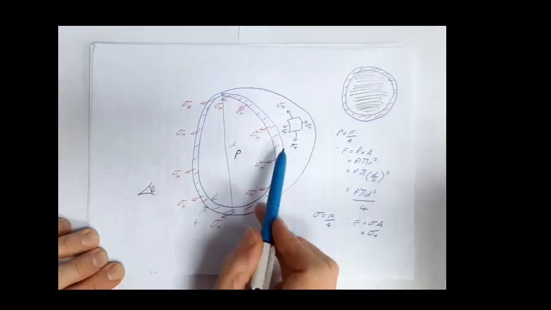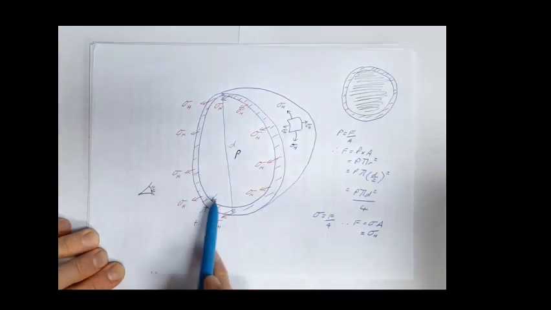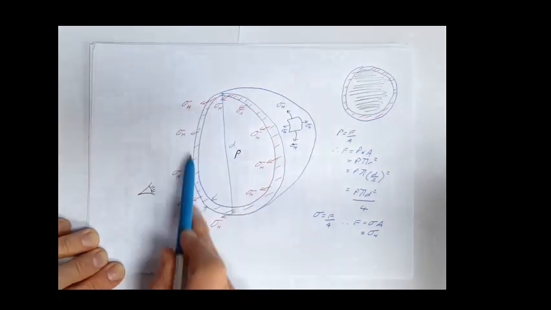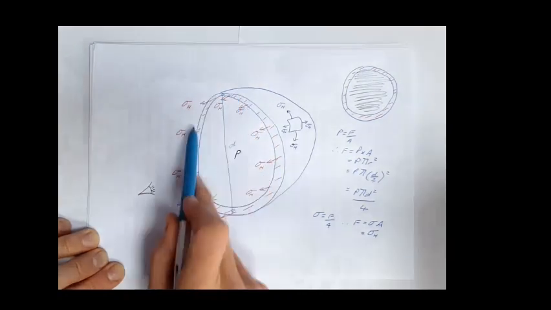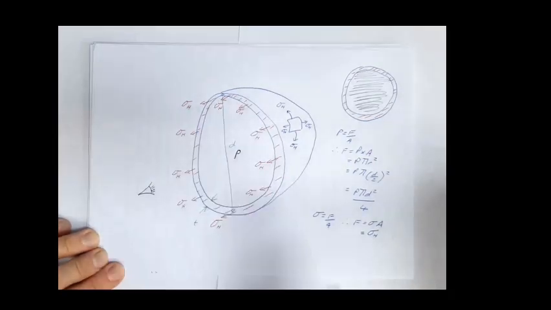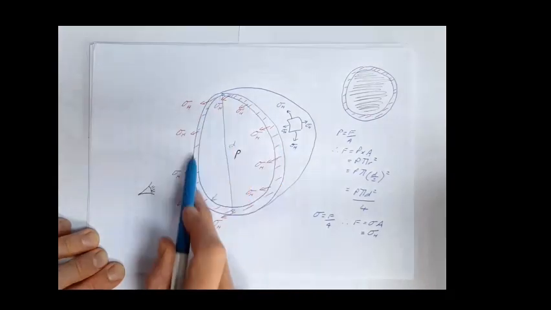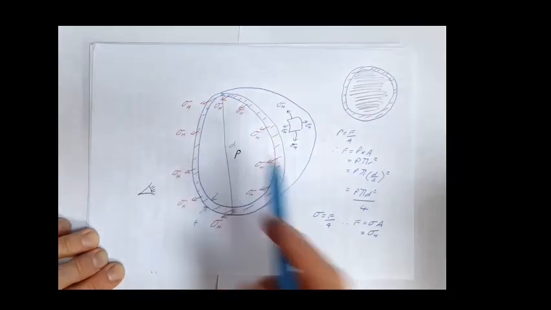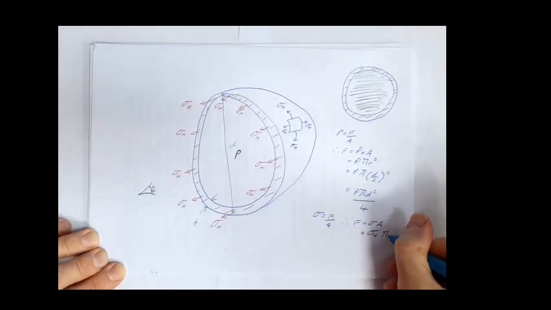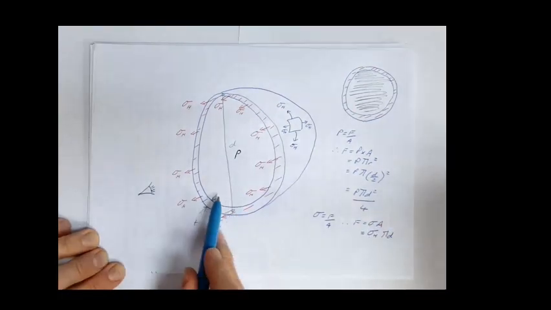Given that this thickness is quite small, approximately that area there would be the circumference times the thickness. We could do this outside circle and subtract this inside circle to get an exact answer, but approximately it's the circumference, 2 pi r or pi d, pi d times the thickness T.